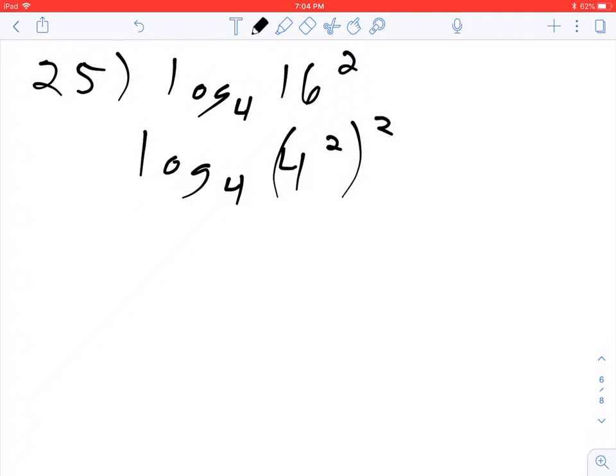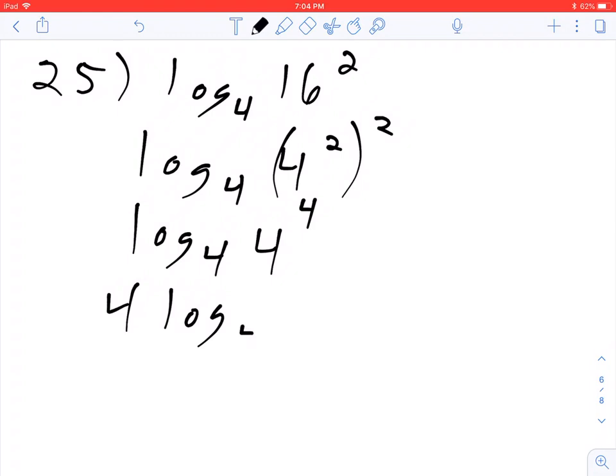And now we have a power to a power, which we multiply. So we have 4 to the 4th. And then we can use the power property to bring the 4 down front. So now it's just 4 times log base 4 of 4. Log base 4 of 4 cancels, and you're left with 4.